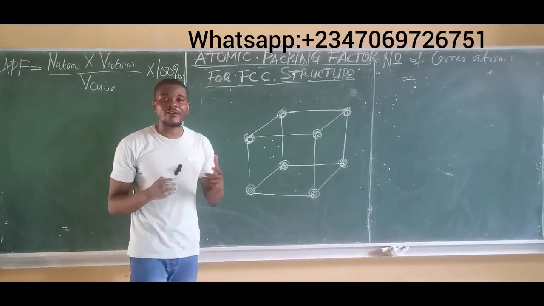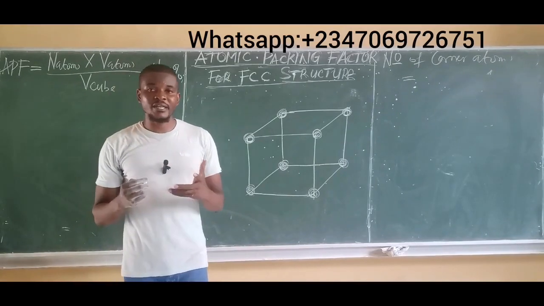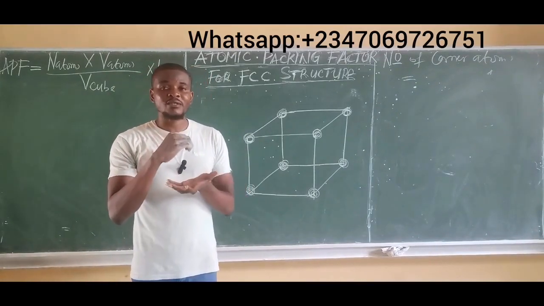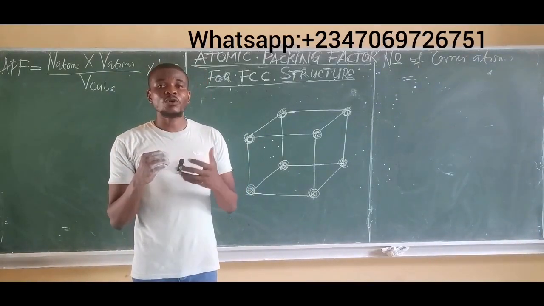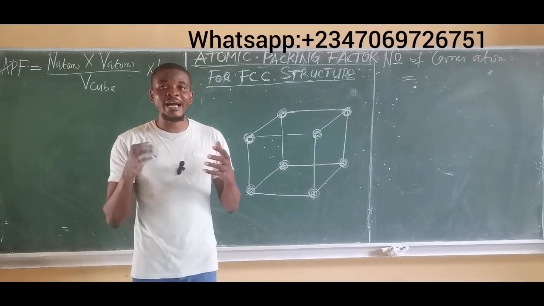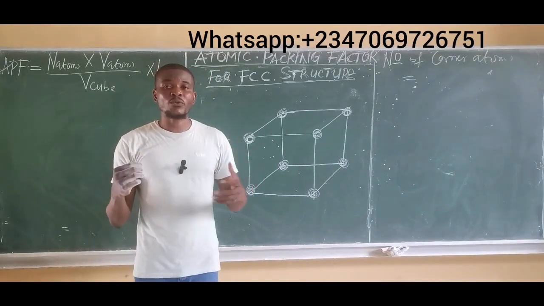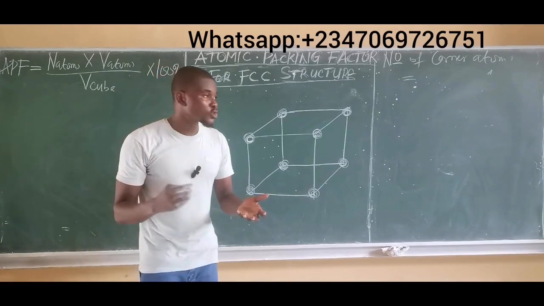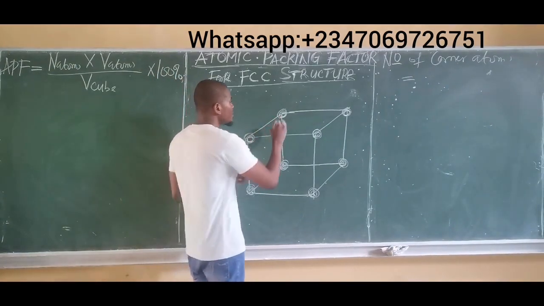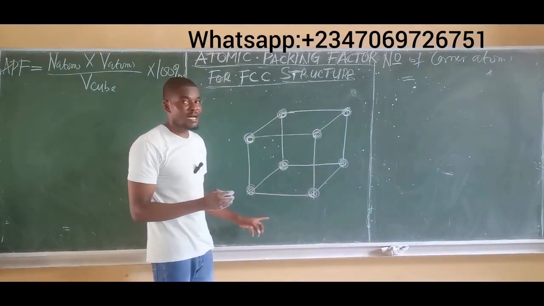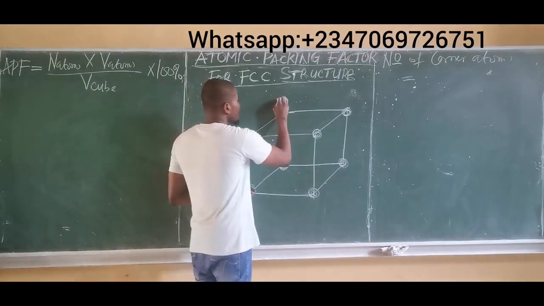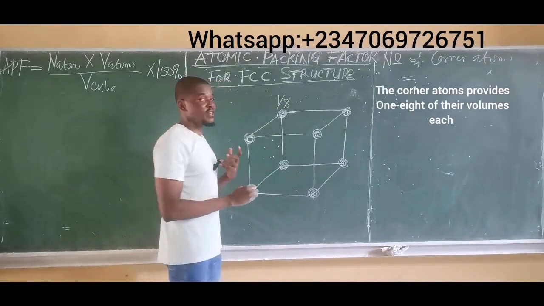It seems like you have 8 corner atoms, but that's not the case. When crystals are actually stacked or packed together, they are actually not giving their entire volume. Rather, they are actually pairing with other crystals to provide or give out their volume. So, since we have a total of 8 corner atoms, each of these corner atoms is providing 1 over 8 of its volume.